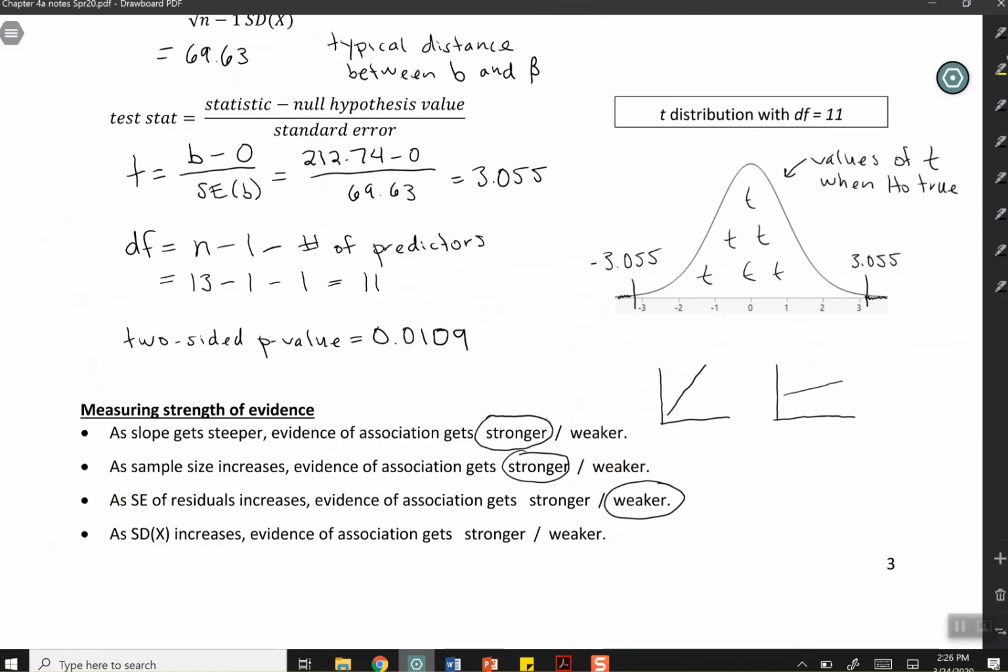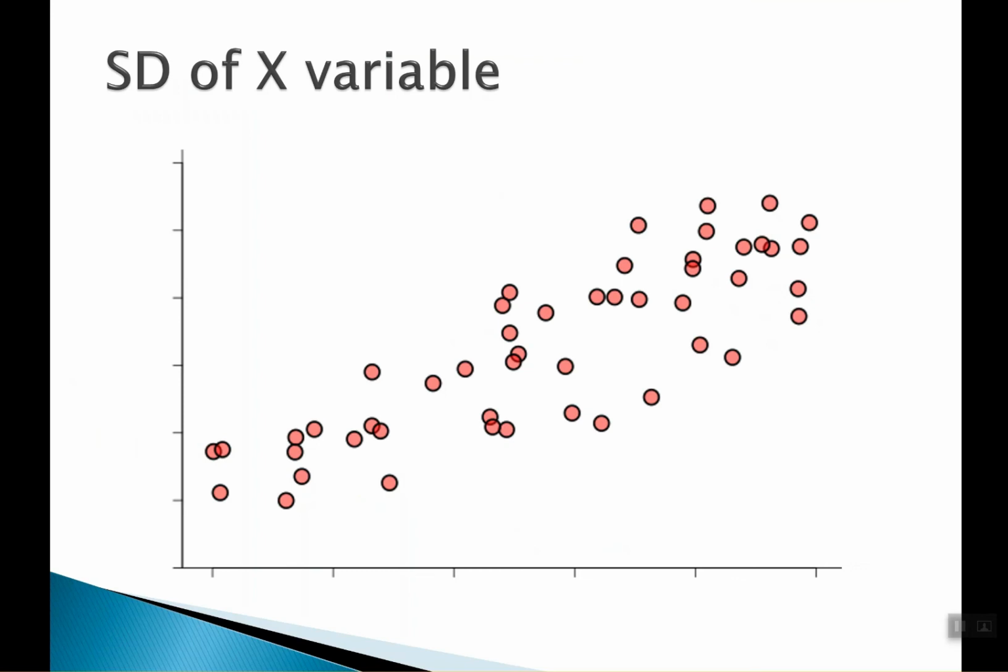Okay, and then the last one, what happens as the standard deviation of x increases? So it's the bigger your spread in your x's, generally the stronger the evidence of the association. So I actually like to think about this the opposite way. What happens as you make the standard deviation of x smaller? So let's look at a picture again.